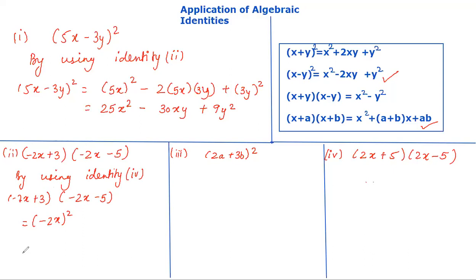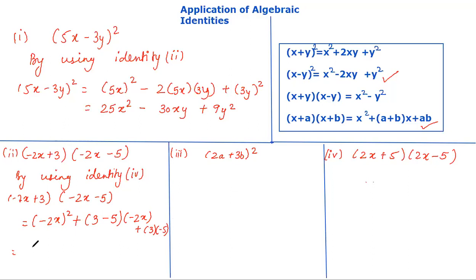Now minus 2x is common in both, right? So we have to do the square of that number. Now what is my a over here? My a is 3. What is my b? Minus 5. So 3 plus minus 5 will become minus 2, and what is my x over here? It is minus 2x. Plus ab, that means 3 multiplied by minus 5.